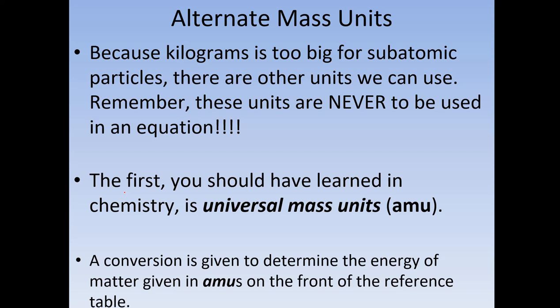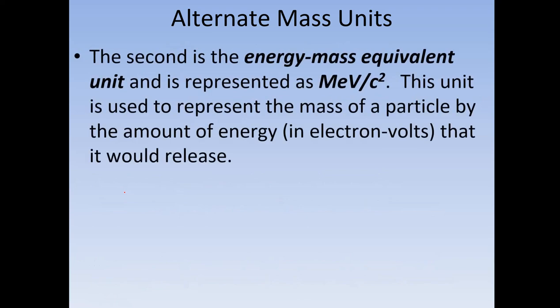So the amount of AMUs is essentially asking you how many times bigger or smaller it is compared to a proton. So a proton is 1 AMU, neutrons are 1 AMU, and so on. So if you see that, it never goes into an equation. It's just a conversion, and that's a conversion that you're going to use based off of the reference table equation.